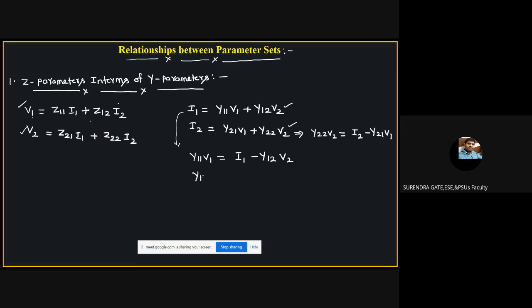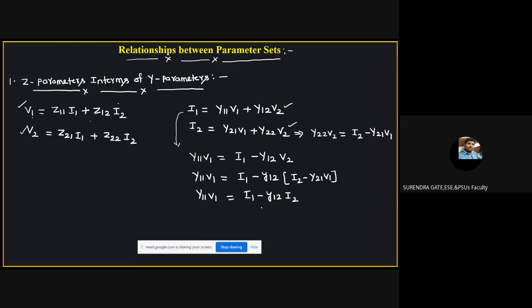Then Y11 V1 equal to I1 minus Y12 times (I2 minus Y21 V1). Clear, students? Now you convert this one.